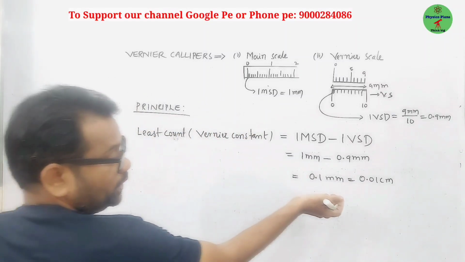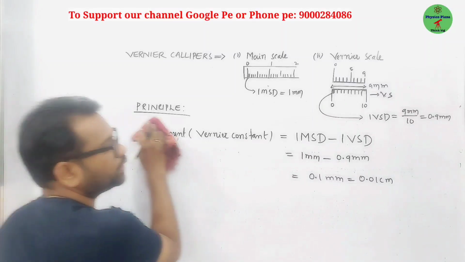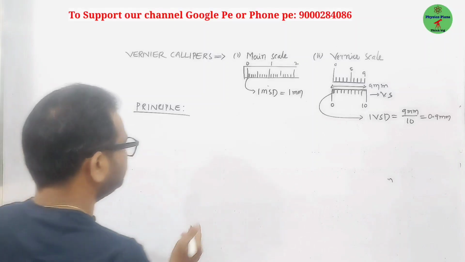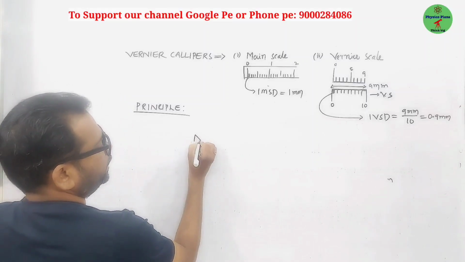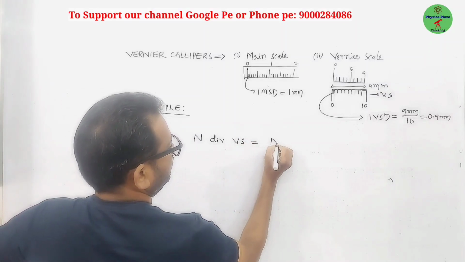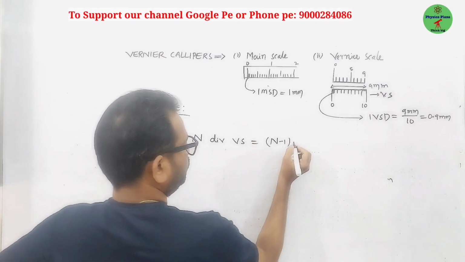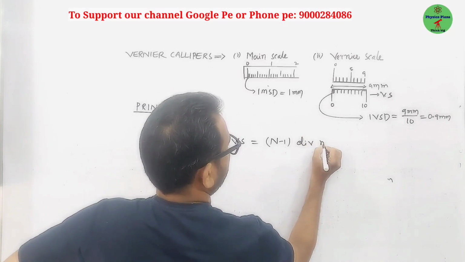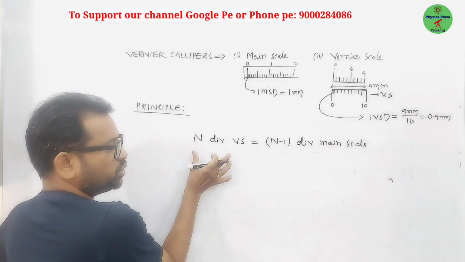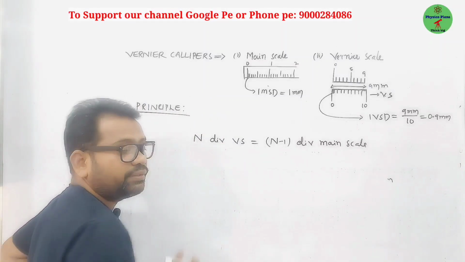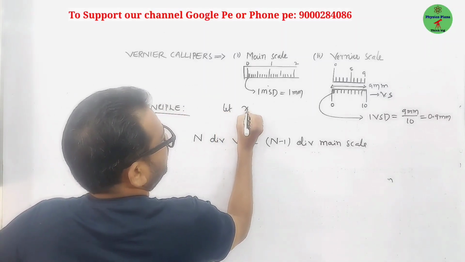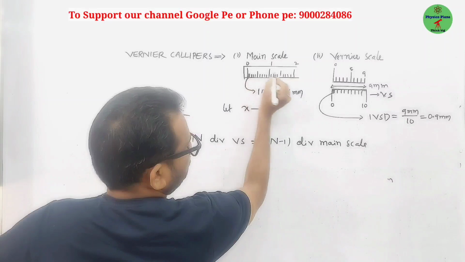Let us see one more way in which we can get this. Hope it is copied. Now let us recall the principle of the vernier calipers. Here we wrote: n divisions on a vernier scale are equal to n minus 1 divisions on the main scale. Let x be one division of the main scale, that is 1 MSD.